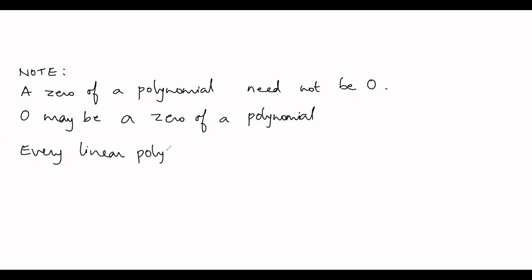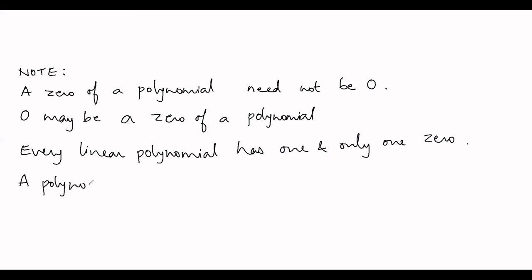Every linear polynomial has one and only one zero. A polynomial can have more than one zero.